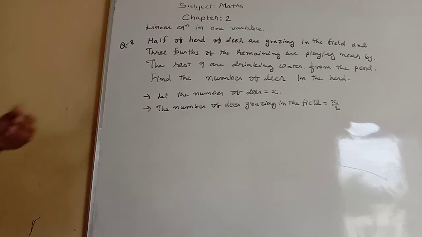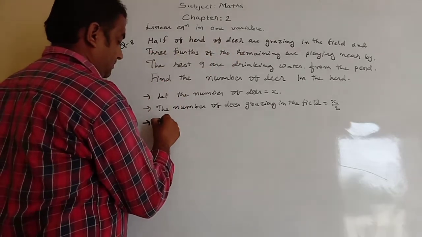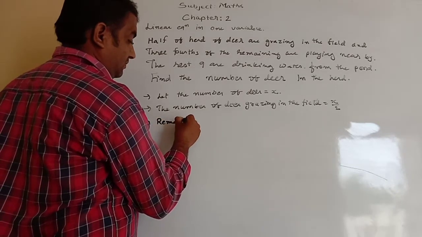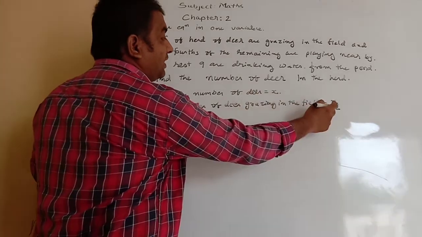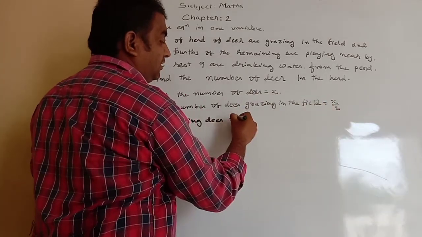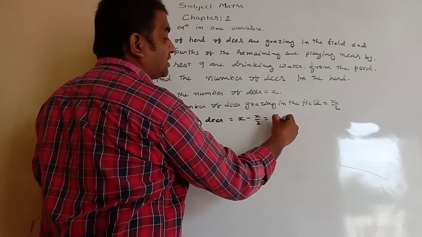Now here it is said 3/4 of the remaining, so the remaining deer are, from the total deer we subtract the grazing deer, x minus x by 2, so it is x by 2.